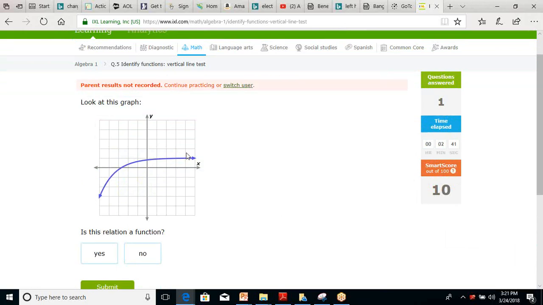X is 4, you come up, only one point is going to define that. X is, say, 3, one point. So is it a function, yes or no? So it is a function. Each x value has only one y value, right?